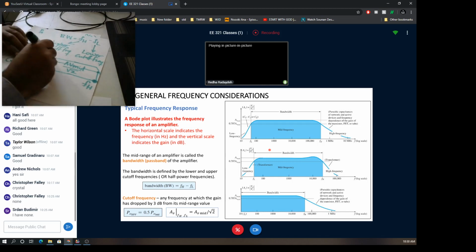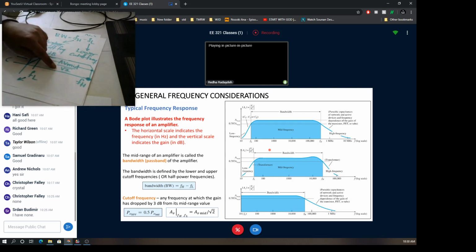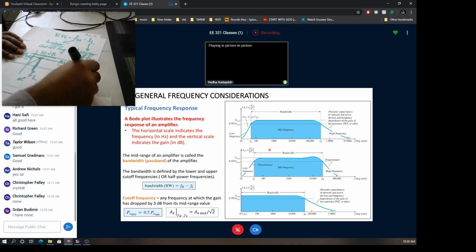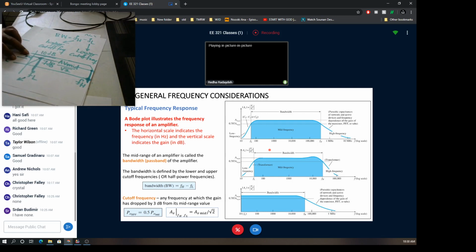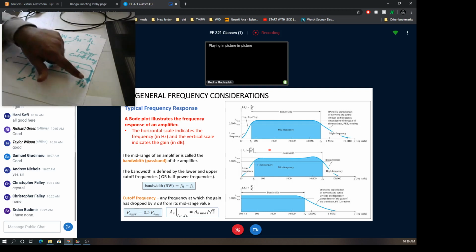In dB scale, if the maximum gain here is 10 dB, a decrease of 1 by square root of 2 represents a 3 dB decrease from the maximum, which means that the lower cutoff frequency and upper cutoff frequency will be measured exactly at the 7 dB gain level, because the 1 divided by square root of 2 would give us the 3 dB difference between the maximum and the points at which we get the lower and upper cutoff frequencies.